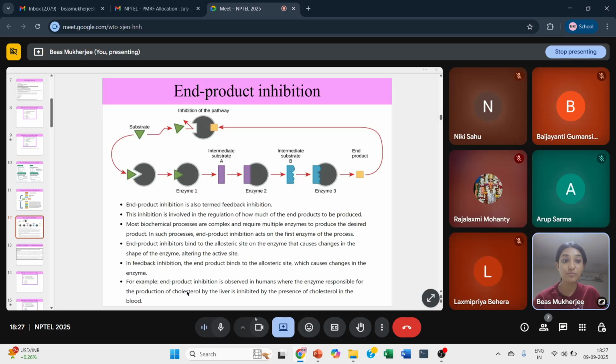So this is a very important mechanism to make sure that there is no excess of something in the body. And in feedback inhibition, the end product, the one that has gone through many stages, goes and binds to the enzyme allosterically. That changes the conformation of the enzyme, and therefore it cannot form the products anymore. So that is end product inhibition for you.